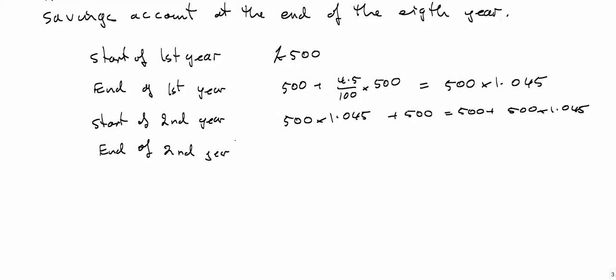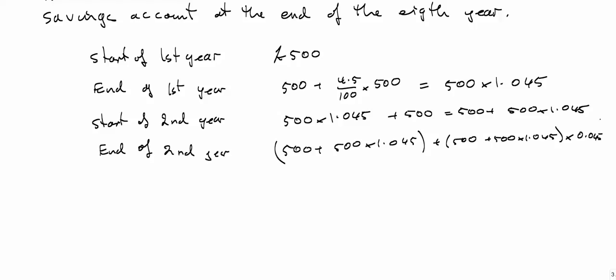where we're going to add another 4.5% interest. So that would be 500 plus 500 times 1.045, and then 4.5% of that. So that will be plus 500 plus 500 times 1.045 times 4.5 over 100, or 0.045.